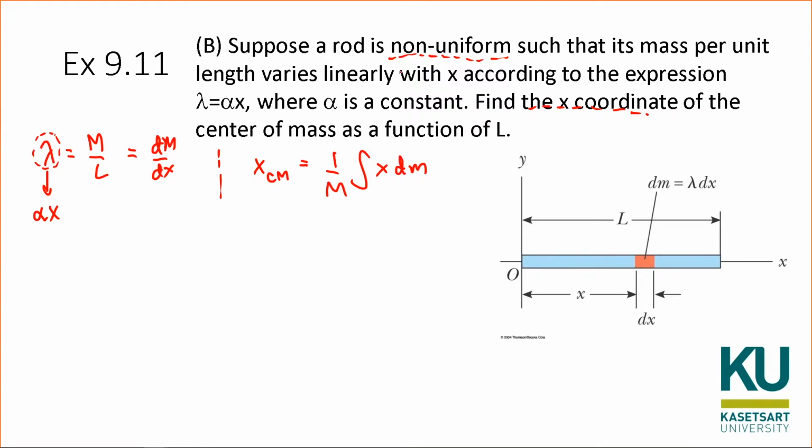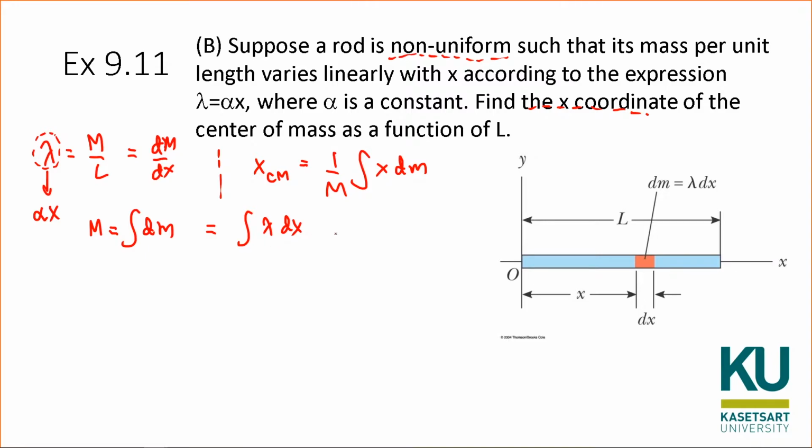Since the mass is not equally distributed, we also need to find the relation for the mass. We know mass is what we get by integrating the different small parts of the mass and summing them up together. So for the definition of the mass now, you will have lambda dx for the dm's.